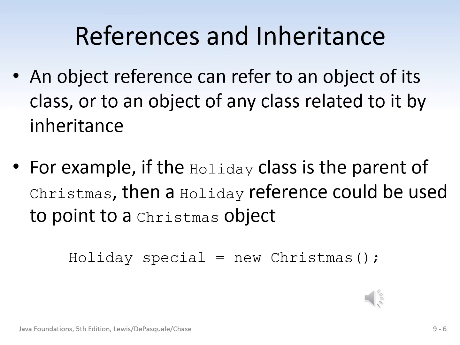An example would be if the Holiday class is the parent of Christmas, then a Holiday reference could be used to point to a Christmas object or to a Holiday object. Here's an example. We declare an object reference variable using the Holiday class, Holiday special, but we use the constructor from the Christmas class.